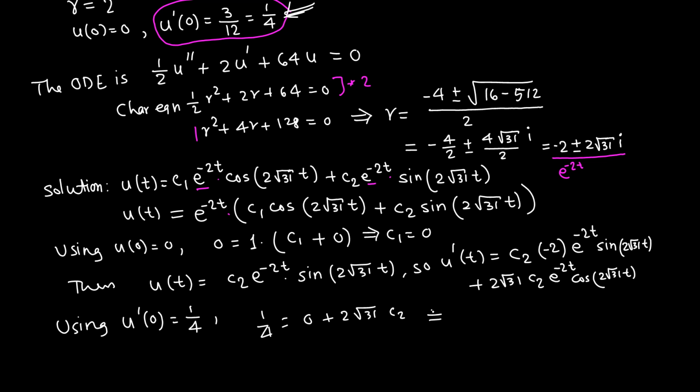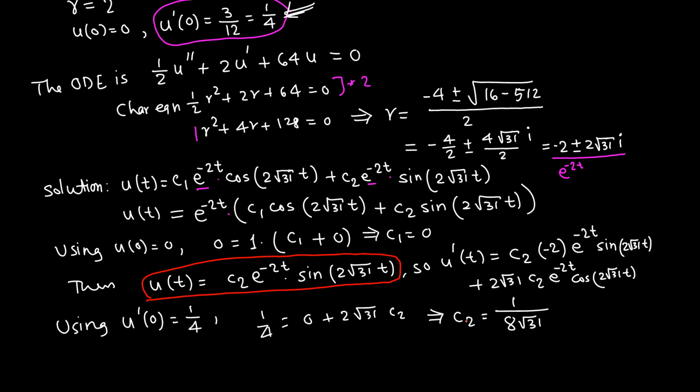So that implies c2 equals, we divide 1/4 by this, means put this on the bottom, so 1/8 root 31.